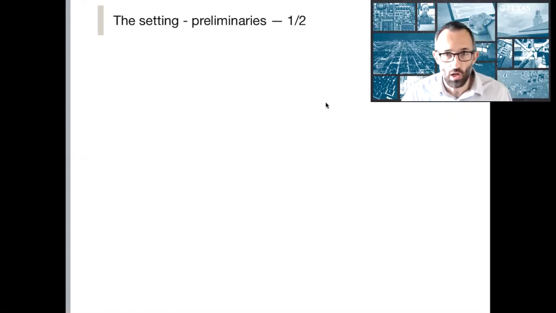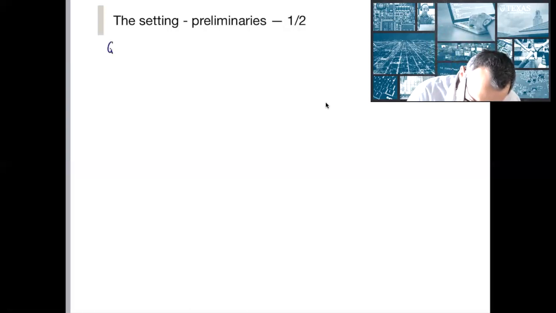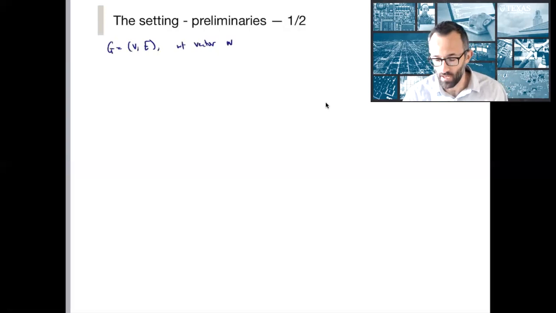So let's recall what we have. We have a graph, G. We have a weight vector, W. No assumptions on W, whether it's non-negative or not. It's just a vector, and it's an integral vector.